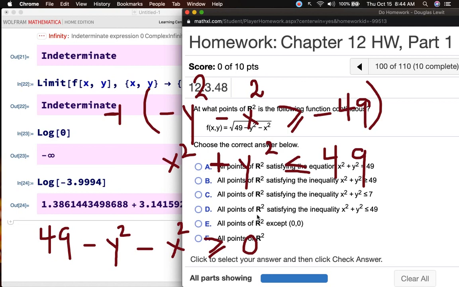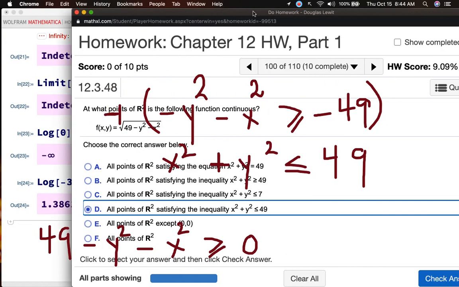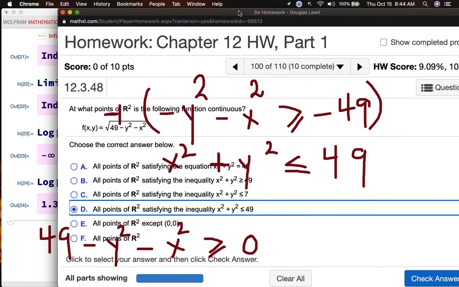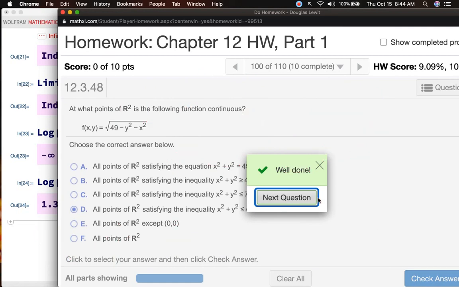Okay, sorry about that. And the answer should be D. The answer should be D. Yeah, so this is a circle of radius 7, and you are including the boundary or the border, the edge of the circle, the circumference of the circle. So that should be correct. Okay, so hold on one second. Let me just erase that.